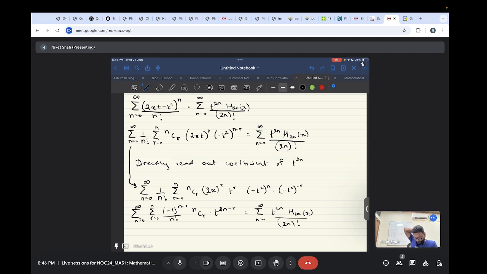For n equal to 6, I will have t raised to power 12 corresponding to r equal to 0. For n equal to 7 as well, I will have t raised to power 12 with r equal to 2.